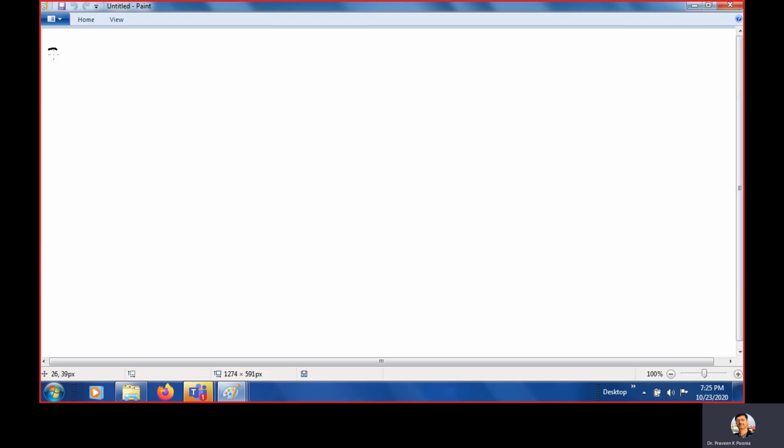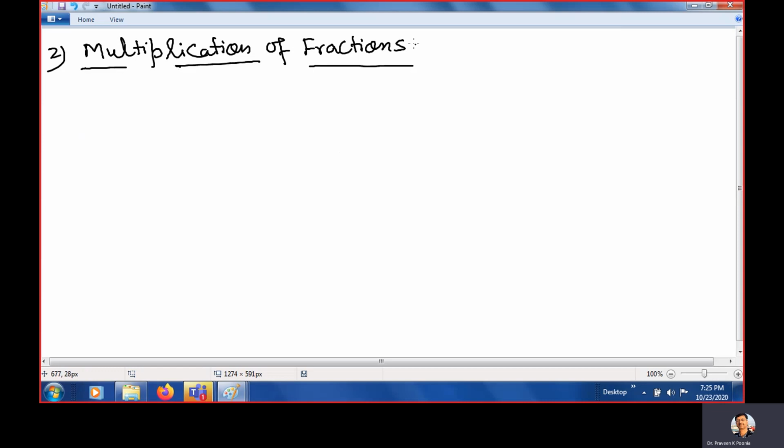Now the next topic we are starting is multiplication. Multiplication of fractions. The process is very simple.